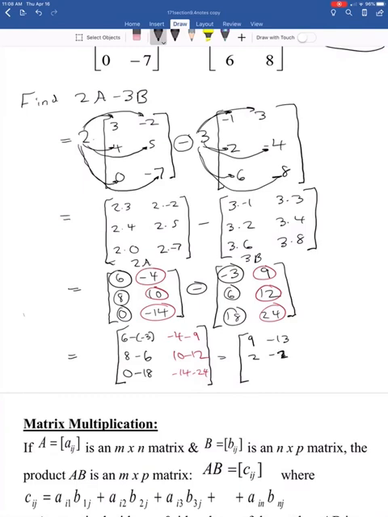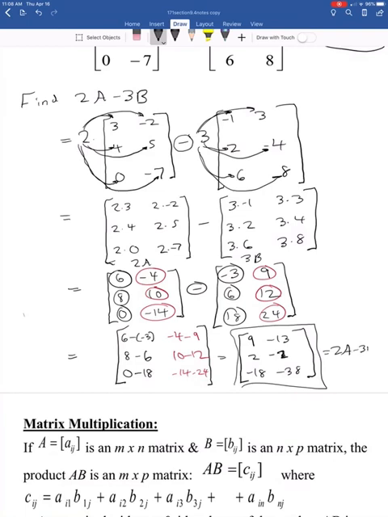All right, row 3 entries. 0 minus 18, -18. -14 minus 24, we get -38. All right, so there's 2A minus 3B. So we go ahead and combine those together. So there's our result, there's our outcome.